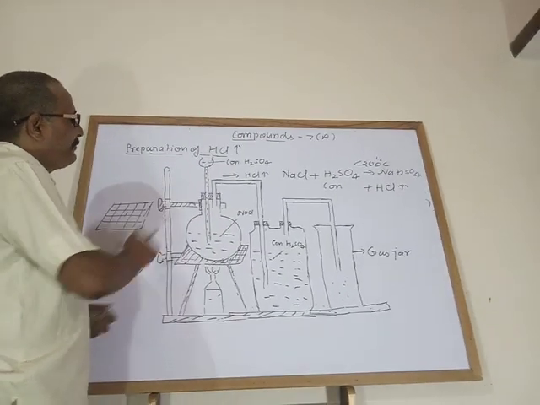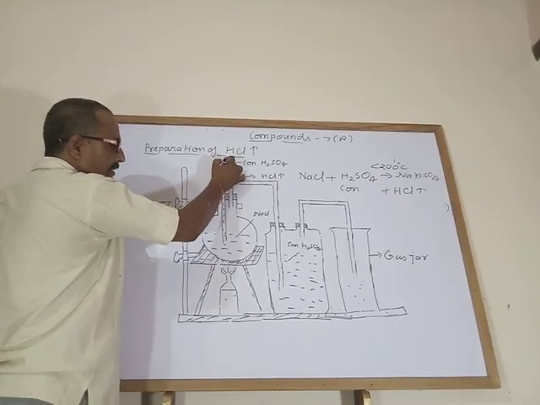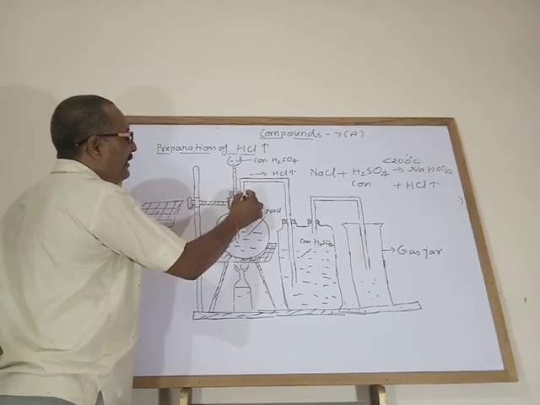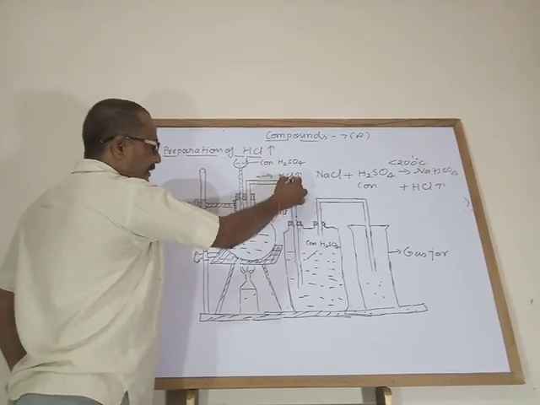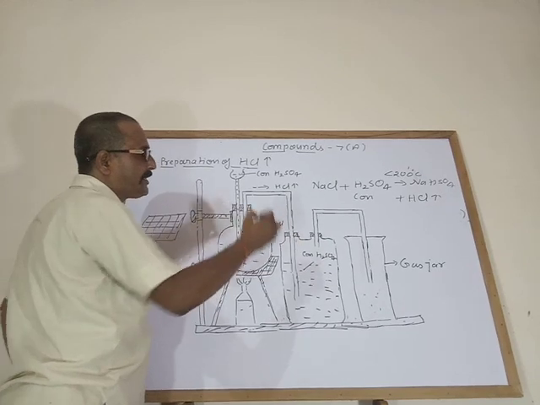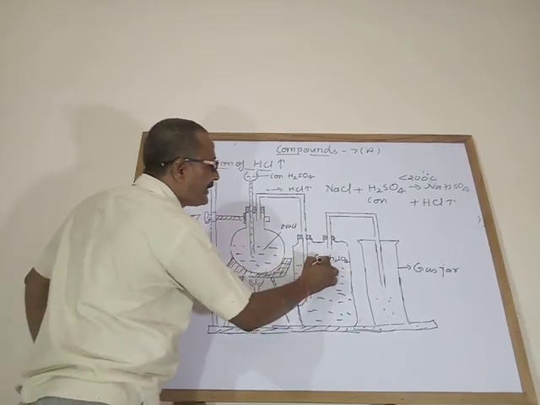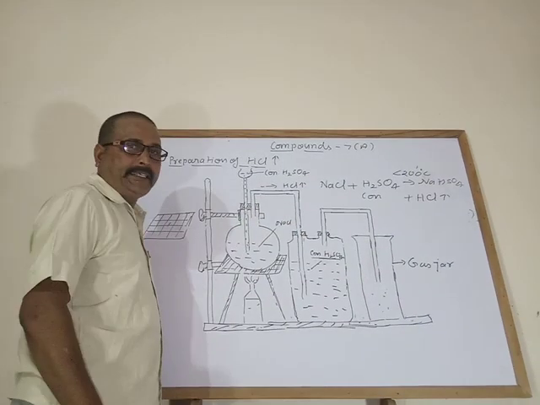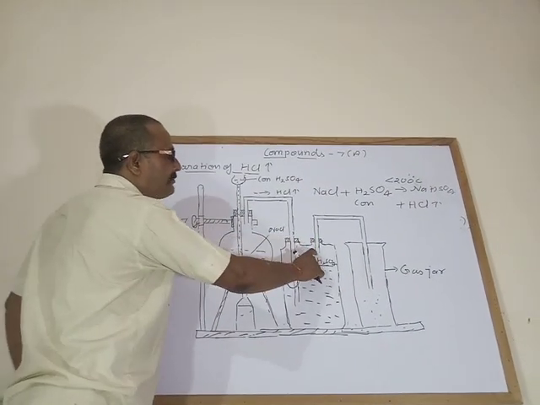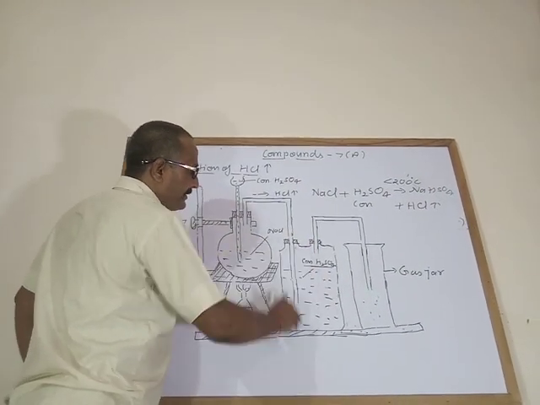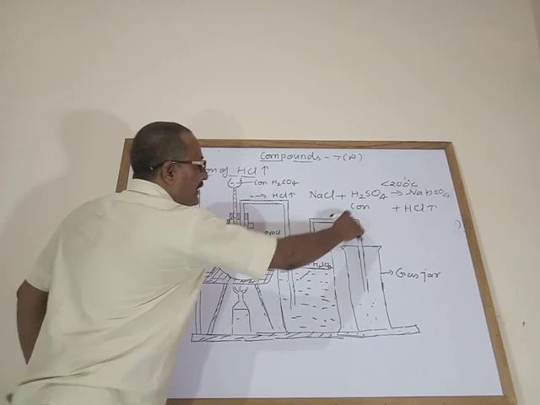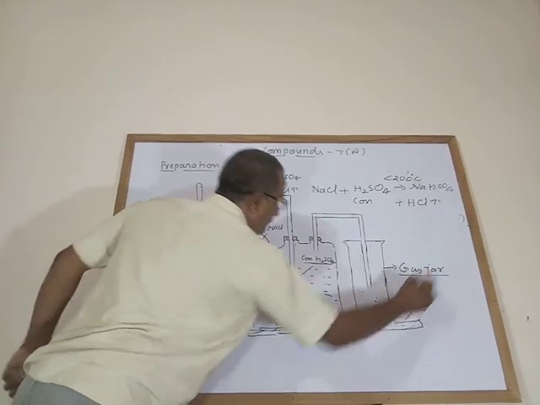The mouth of the round bottom flask is connected with a thistle funnel and a delivery tube. The other end of the delivery tube is connected to another jar containing concentrated sulfuric acid. The other mouth of this jar is connected to a gas jar.